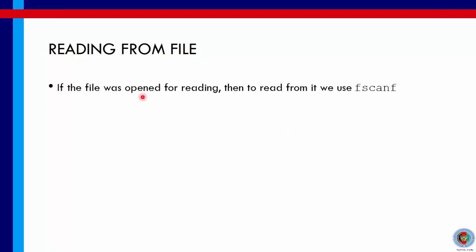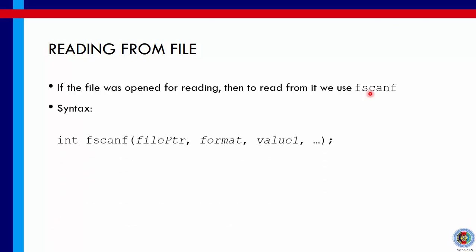If the file was open for reading, then to read from it, we use fscanf. Syntax similar to scanf, and the differences are the same also. It starts with f to indicate that this is file IO, and the first parameter we give to fscanf is also the file pointer, and then the rest are the same, just like the regular scanf.